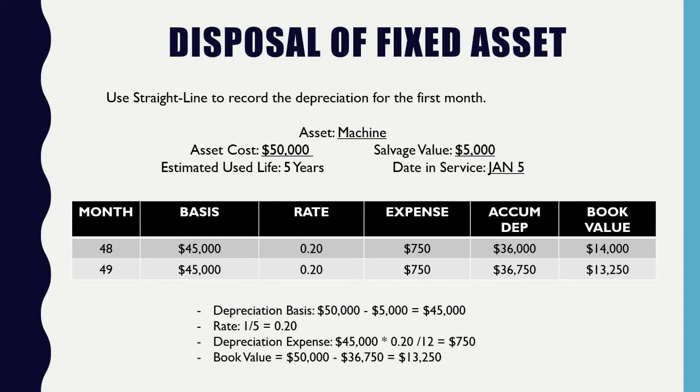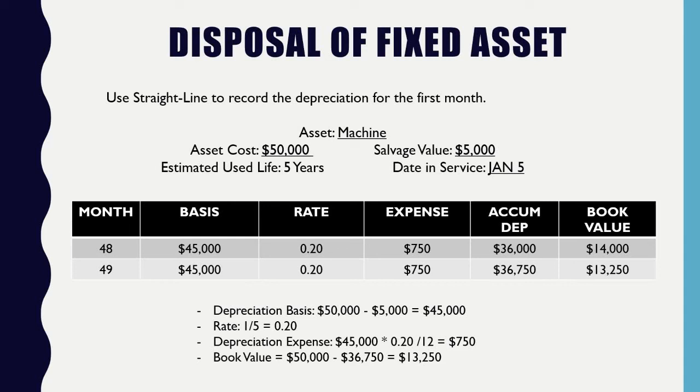If we sold it before 15 days, then you don't have to depreciate that extra month. But in this case, I used it for that extra month. So I'm going to calculate my last depreciation. Since I'm using straight line, it's the same exact number, so I'm going to depreciate by an extra $750. So right now, my book value is telling me that it is $13,250.